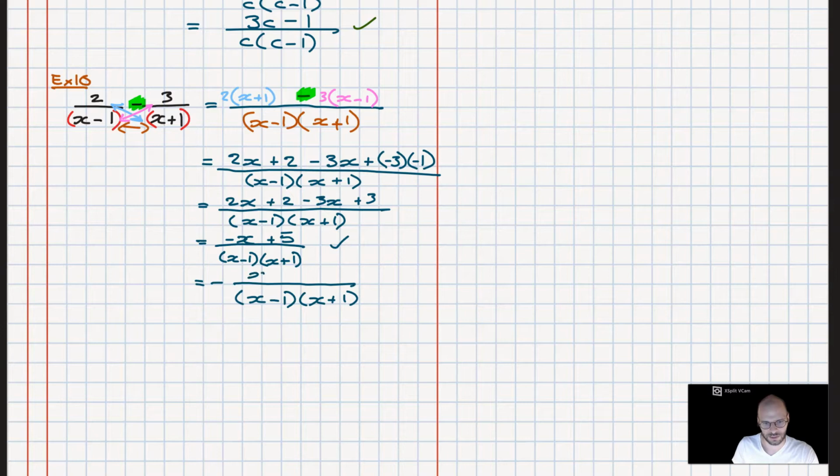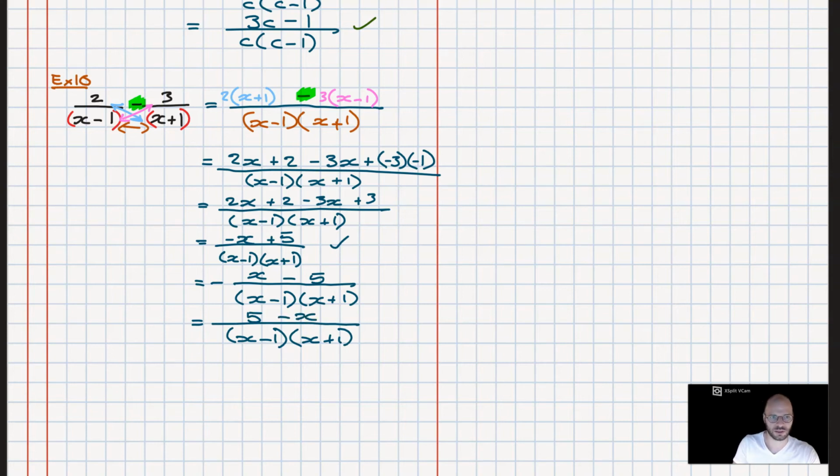Then we get x take 5, because I pulled the negative out the front, so it's almost like implied brackets like that, but we don't need the brackets. Or alternatively, we can leave it in the form where we switch the negative x and the 5 around, and we can go 5 minus x over x minus 1, x plus 1.